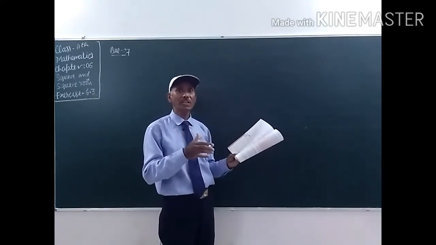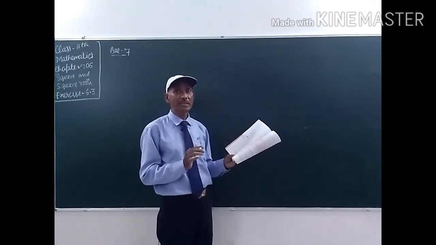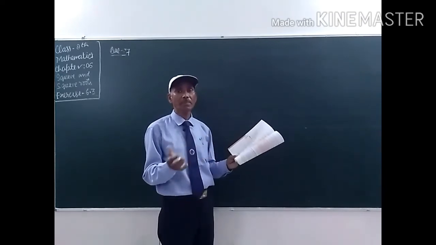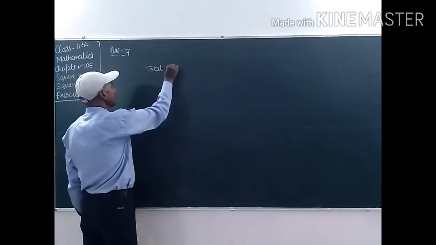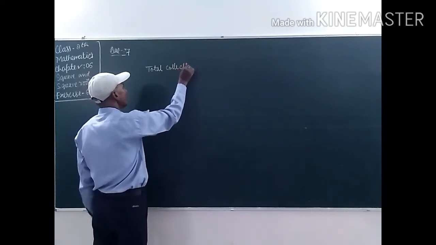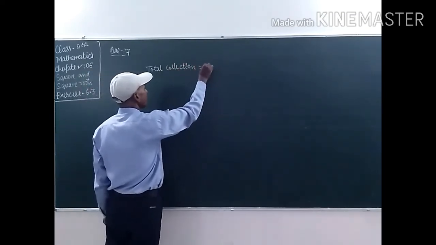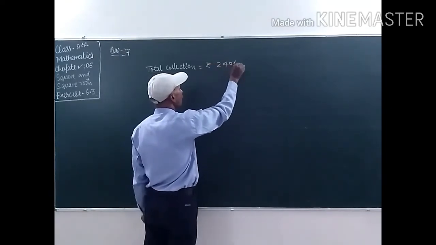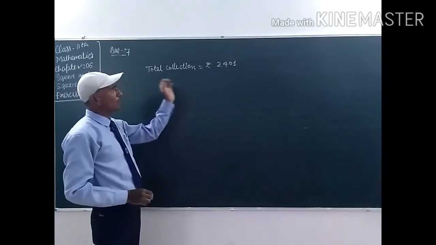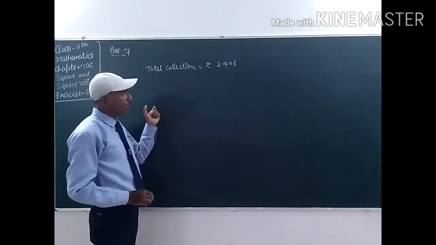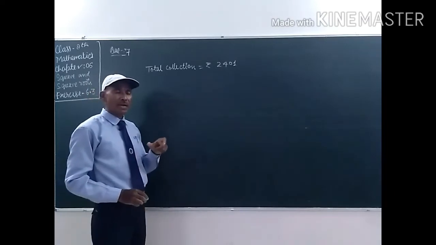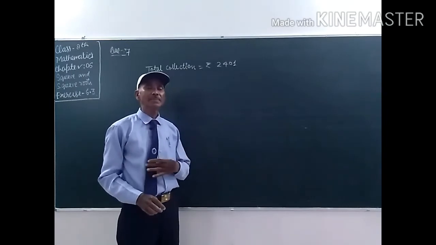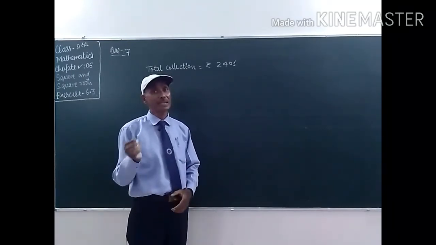As many students as there were, each student gave that many rupees to the Prime Minister's National Relief Fund, students. Now we have to find out the number of students. The total collection is rupees 2401. Now we have to find out the number of students in the class, and we know that each student donated as many rupees as the number of students in the class.